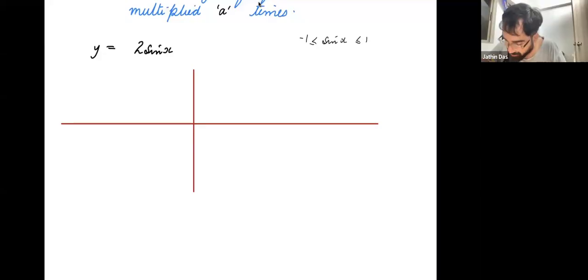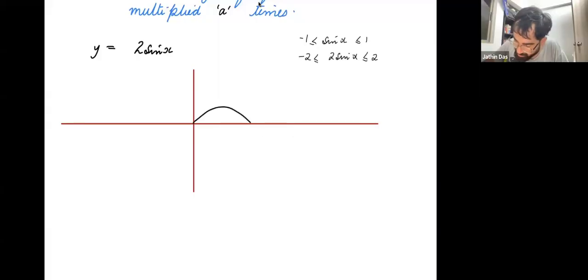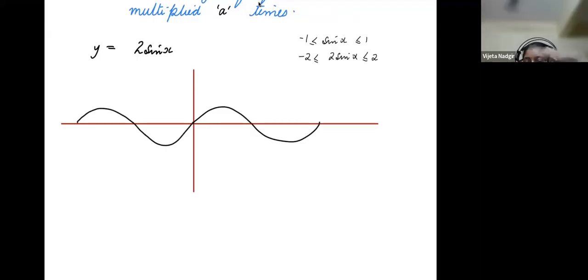If I multiply 2 to all the inequality, it is -2 to 2. The time period will be the same as your sin x curve, the curve will be the same, but it will be taller.